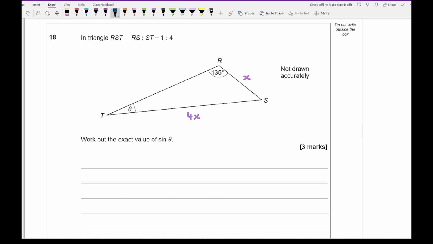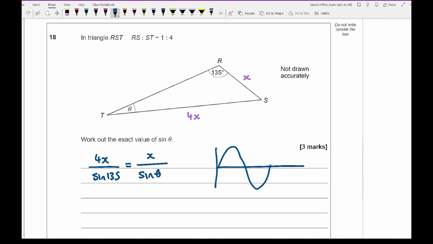So using the sine rule, what I end up with is 4x over sine of 135 is equal to x over sine theta. Then from this, if I do a quick sketch of the sine curve, that at 135, that's the same value as sine 45.